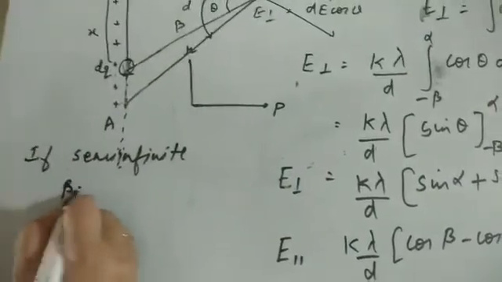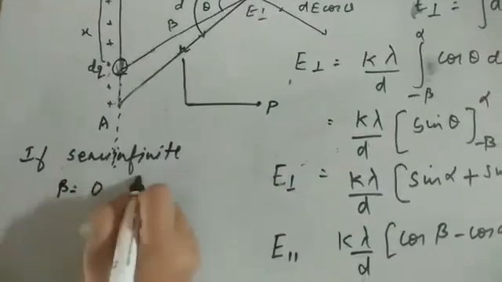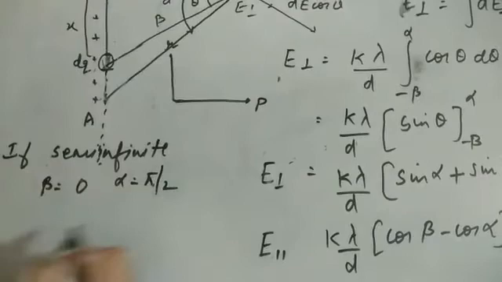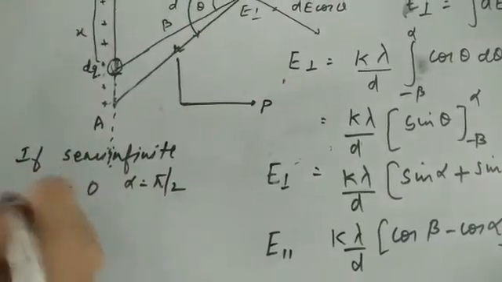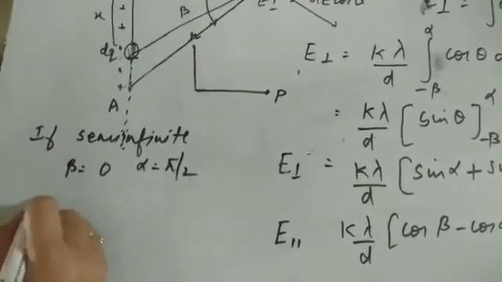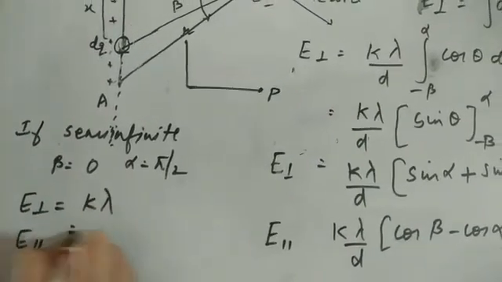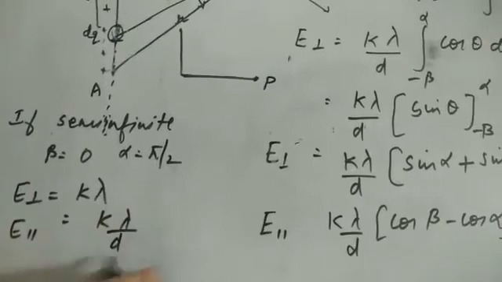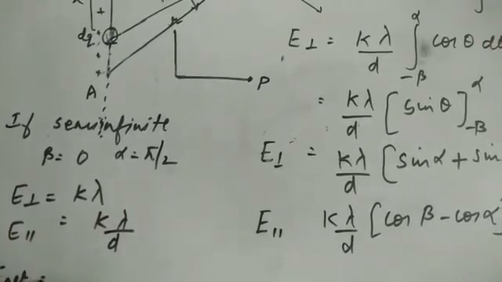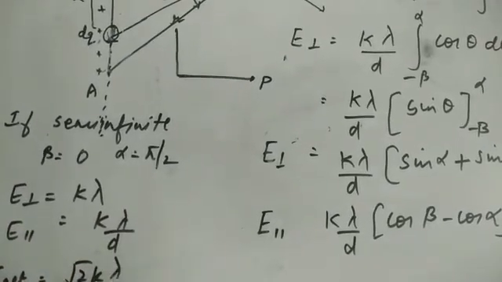So beta we will write as 0 and alpha would be pi by 2. If we substitute it this way, we get the E perpendicular component as k lambda upon d and the E parallel component as k lambda upon d, and E net finally would come out as root 2 k lambda upon d.